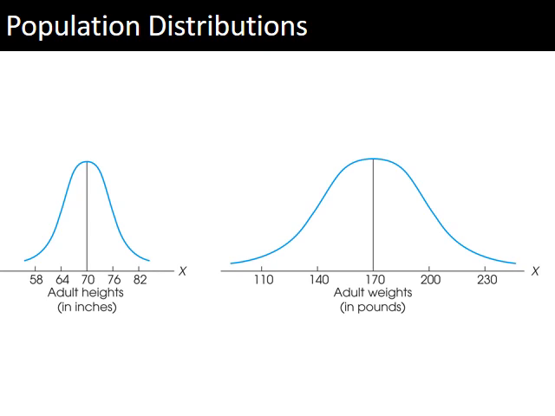Similar to the samples I just showed you, as the variability increased across those 4 samples, variability increases when we look at weight versus height. So most heights are clustered near the mean. You can see the mean there is 70 inches for adult height. Most of the scores are clustered pretty close to 70. For weight, we could say the mean is 170, and the weights are a little bit more extreme.